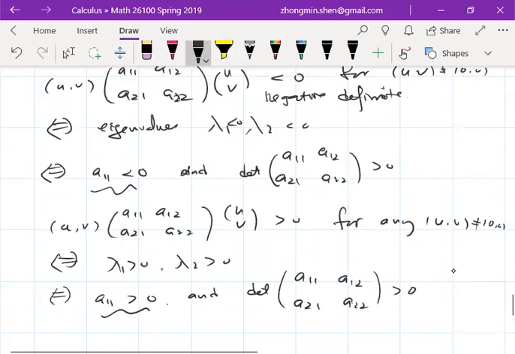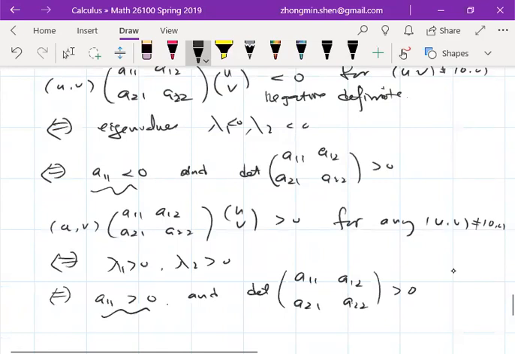Another important point is that if the matrix is not definite, meaning two eigenvalues have opposite signs, then the graph of the function locally looks like a saddle surface.